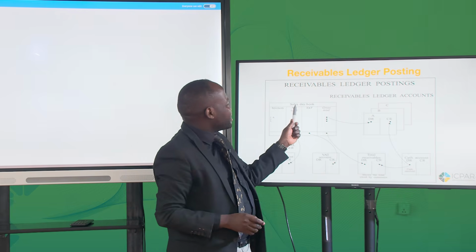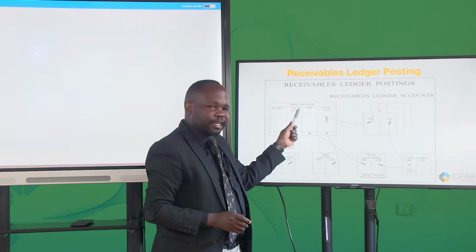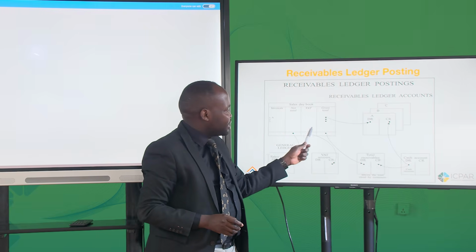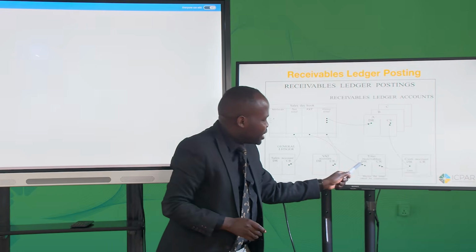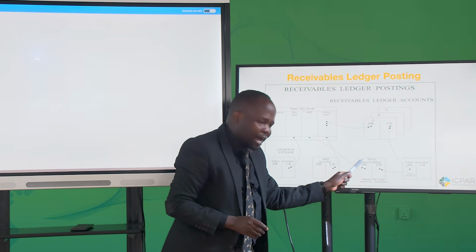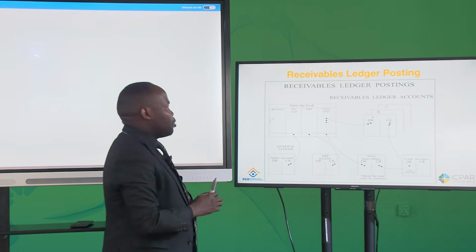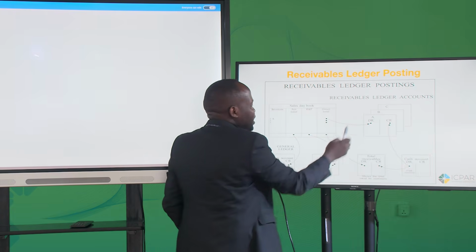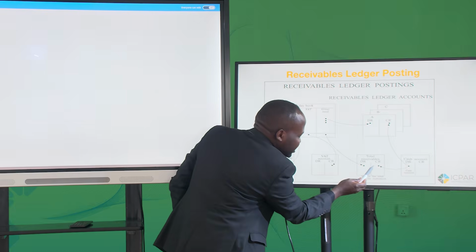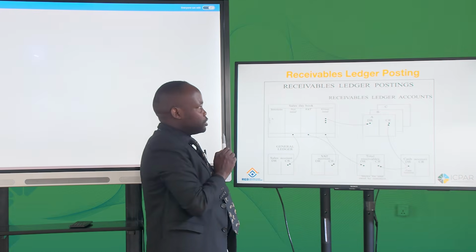The invoices in our sales, the gross amount, we debit the receivables account. If there was a sales return day book, we will credit the receivables account.